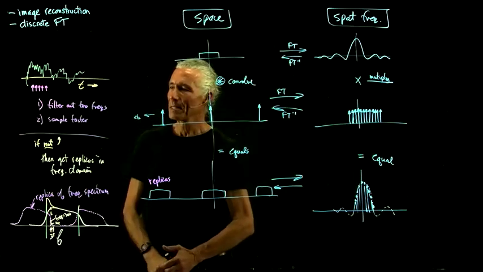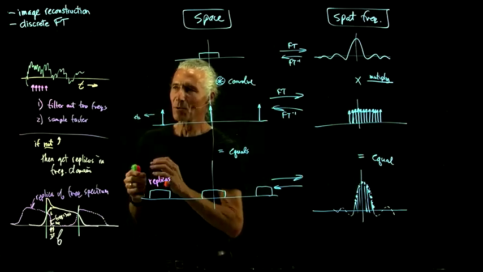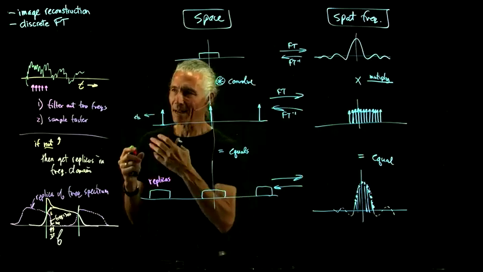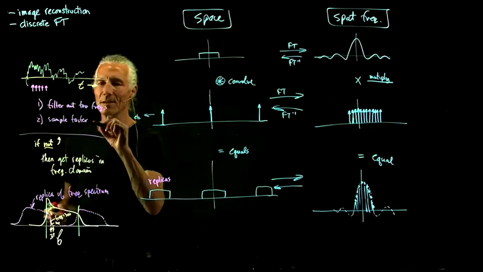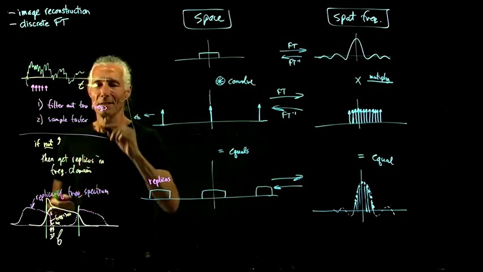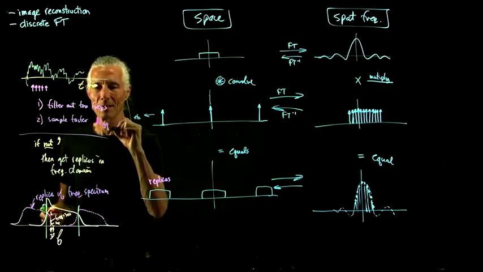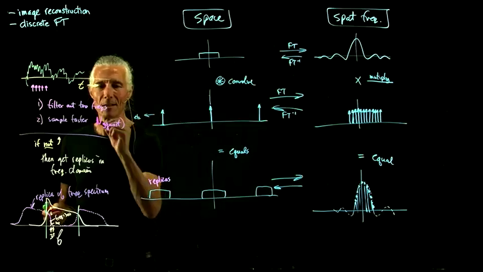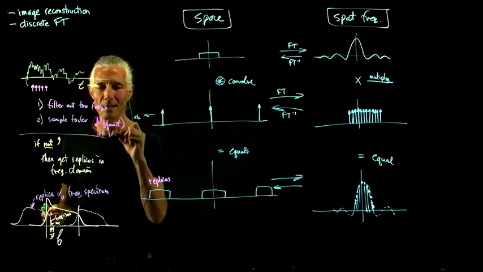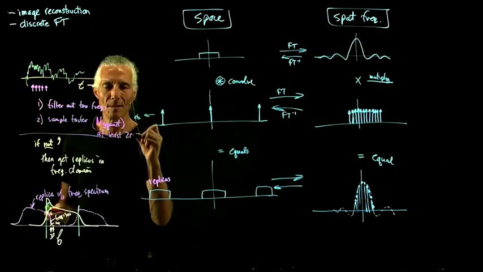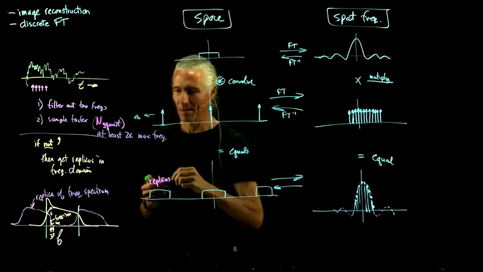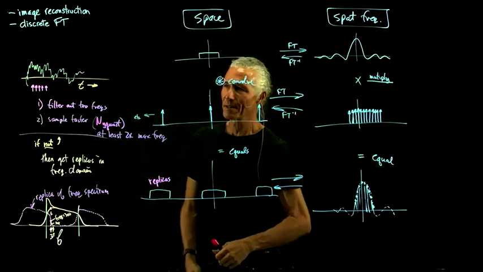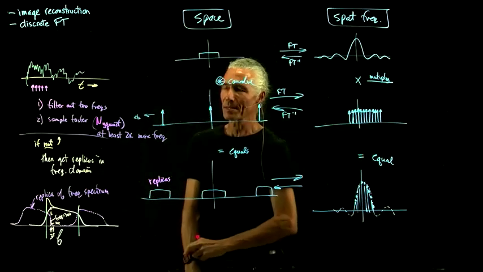That's going too quickly, but that's like this Nyquist idea that in order to avoid this, sample faster: Nyquist, at least 2 times the max frequency. If you do that, then you'll avoid the wraparound business.